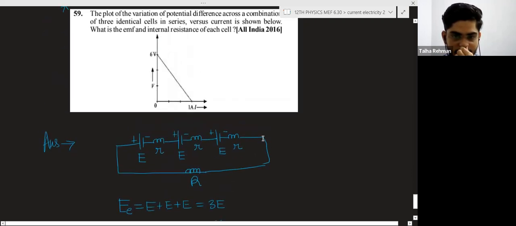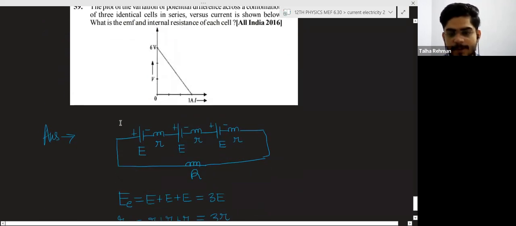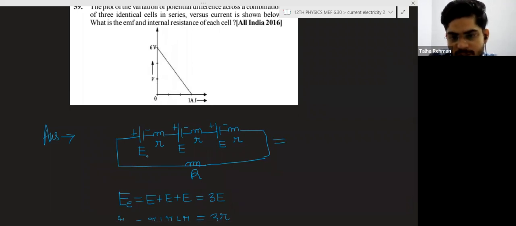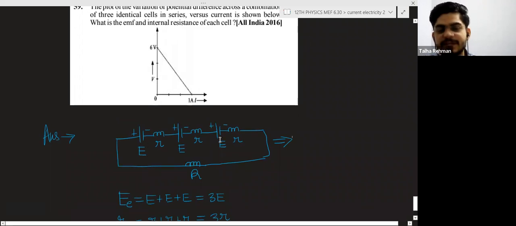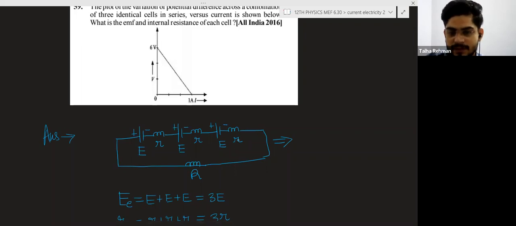Now, one thing is very important here. Just make the equivalent circuit. What is the meaning of equivalent circuit? We will replace all these cells and just connect one cell, like this.